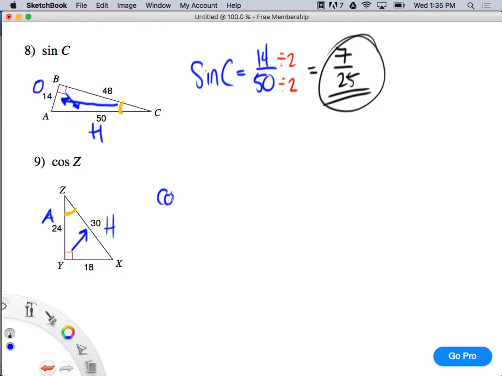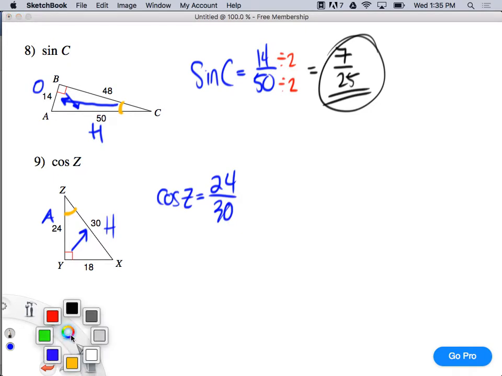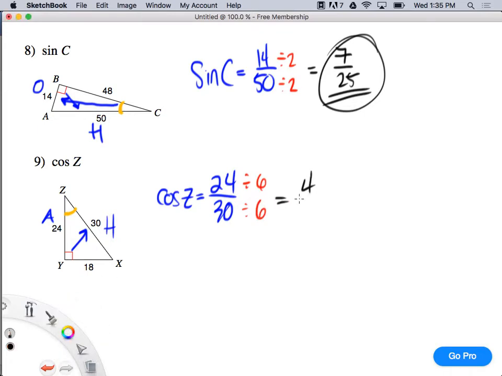So the cosine of Z is adjacent, which is 24, over the hypotenuse, which is 30. Divide by 6, very good. Equals 4 over 5. That's it. Any questions? All right, so that's that.